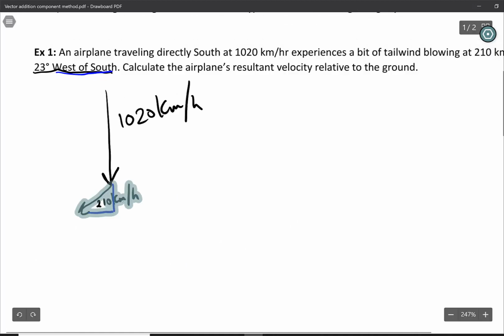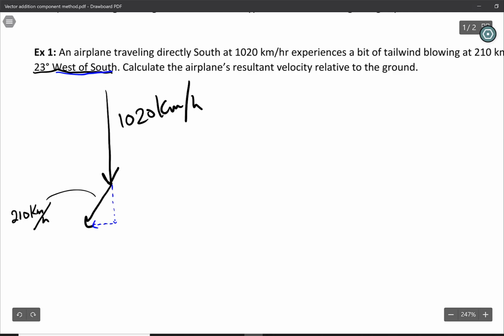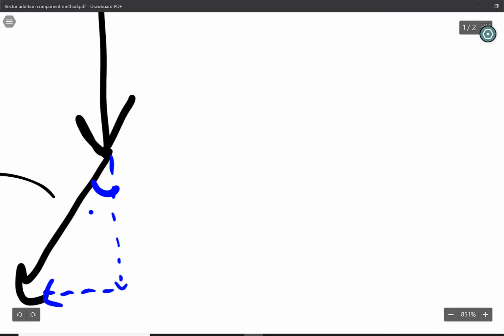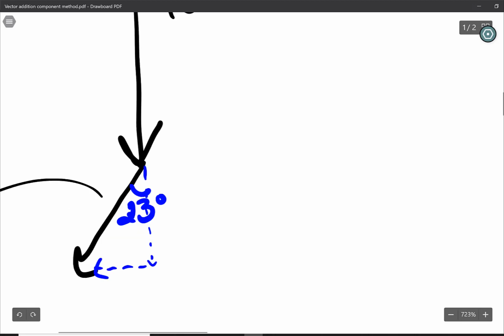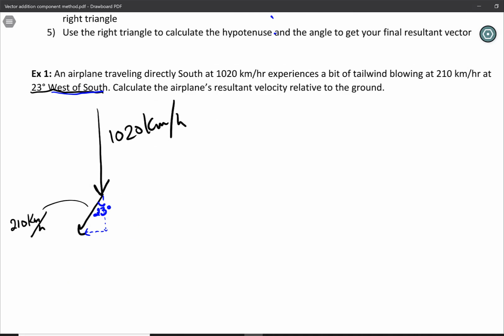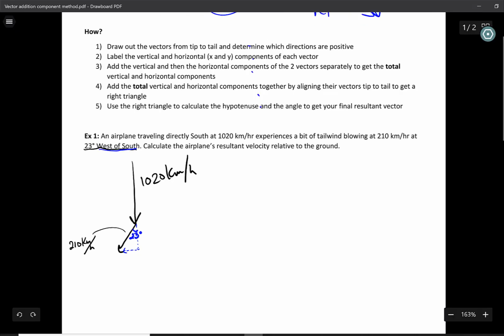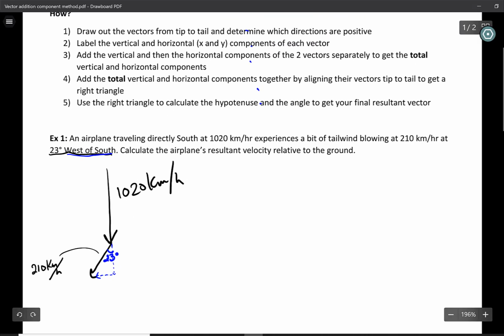Let me fix it. So that concludes our first step, well, partially.